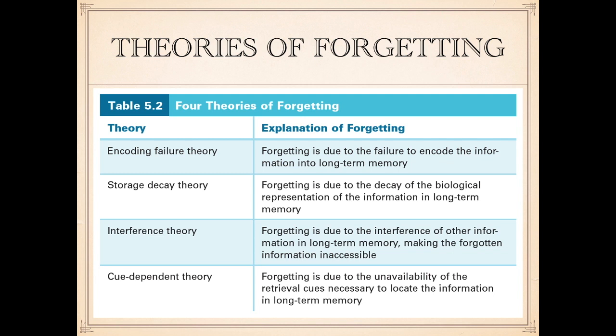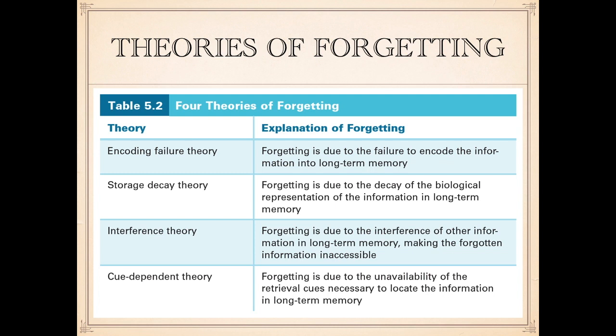Encoding failure theory states that forgetting is due to the failure to encode the information into long-term memory. For example, using the model from the previous slide, if the woman in red did not process the information well enough into short-term memory, the name Linda would not reach long-term memory and therefore be forgotten.